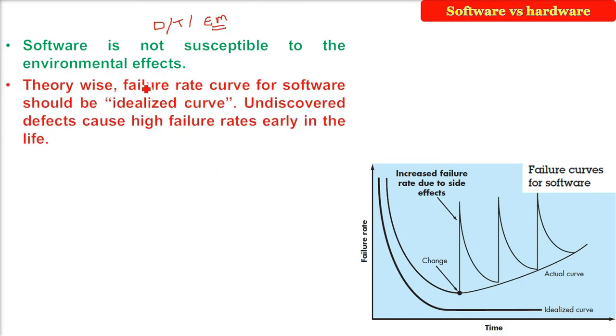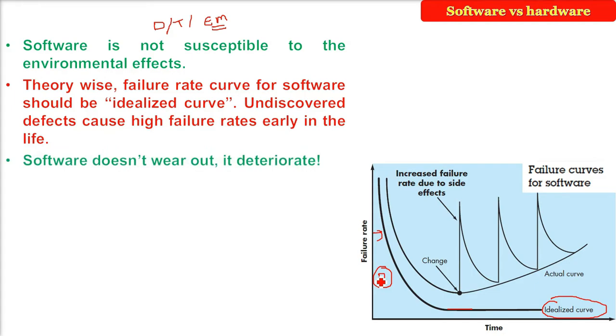So in theory, what you will see is an idealized curve. Initially you will have some undiscovered defects that you haven't addressed, so high failure rates. But once all these defects are solved, the problem will not be there. It will be an ideal line, a straight line parallel to the x-axis.